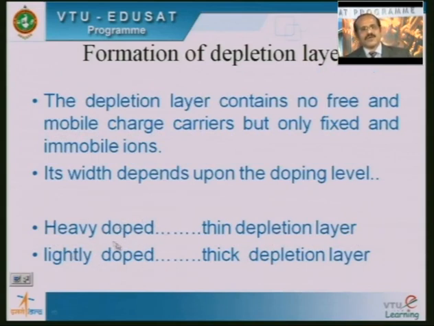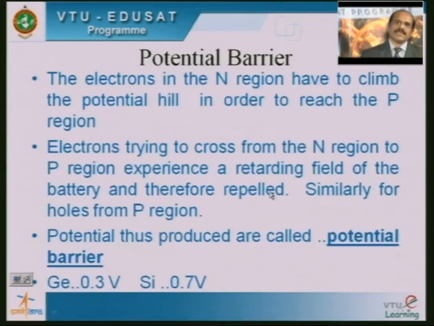If both the P and N layers are heavily doped, it results in a thin depletion layer. If both are lightly doped, it results in a thick depletion layer. Therefore, the width of the depletion layer depends upon the doping level of the P as well as the N layer.